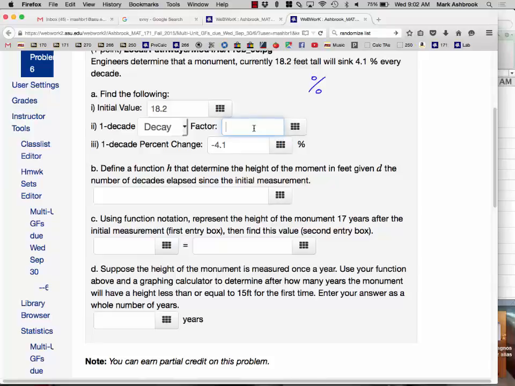So then it'll be 0.959. Right? 100 minus 4.1 is 95.9%. So that's the amount of height that's retained every decade. So every decade, you're going to multiply by 0.959.